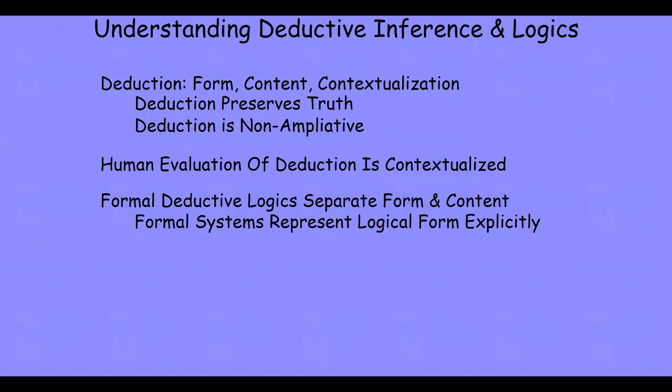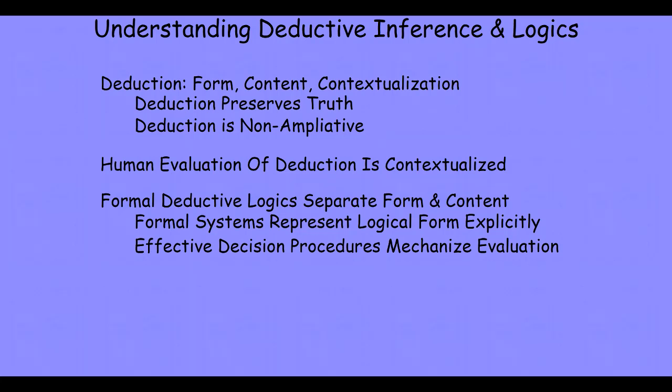Formal systems, therefore, represent logical form explicitly. They introduce effective decision procedures to mechanize evaluation. And the price that we pay for this is that we have to come up with heuristics for translating the complicated and variable world and language that we use into these simple and easy to use logical systems for the purposes of increased power for those systems.